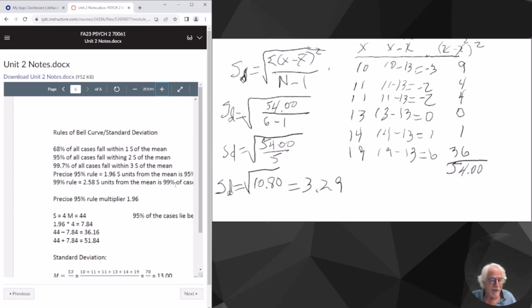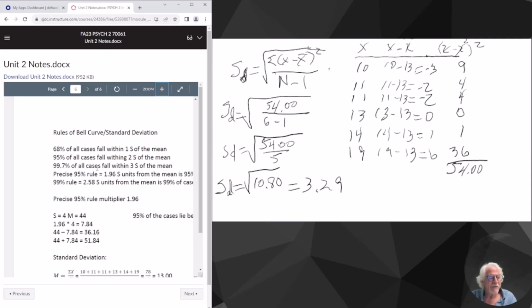When you read your questions, your worksheets or your exams, it makes a difference whether I say the 95% rule or the precise 95% rule. It changes the question. So that's 1.96 standard deviations instead of the two.